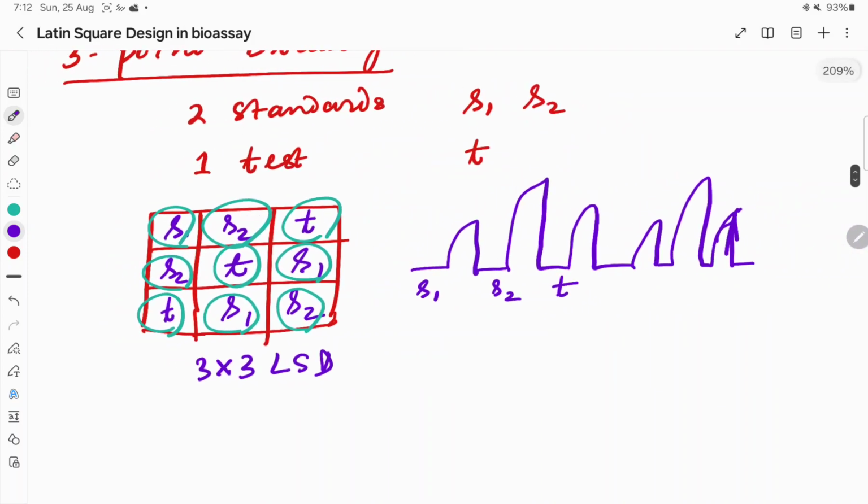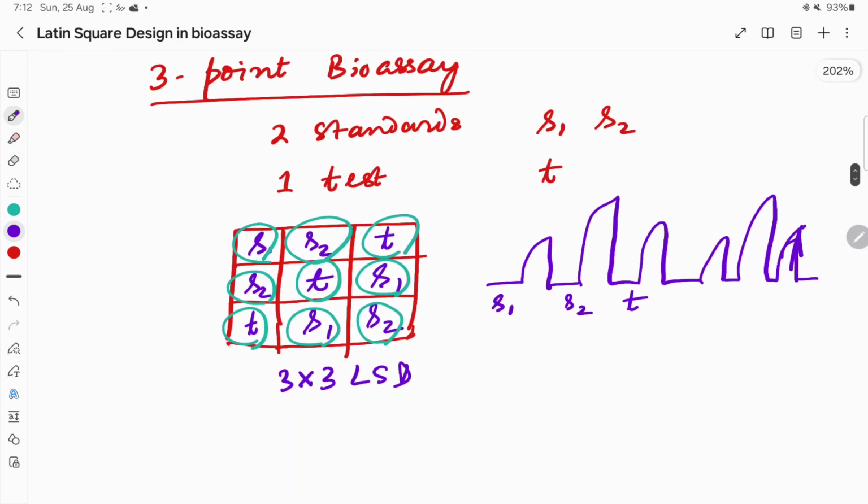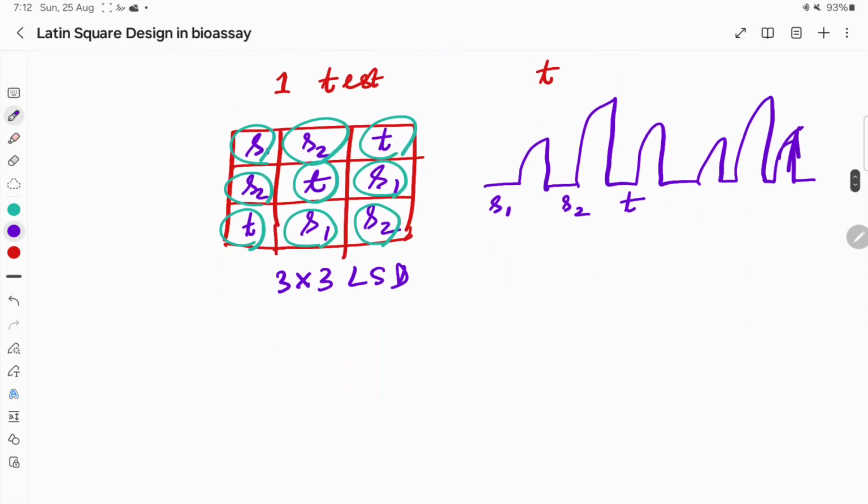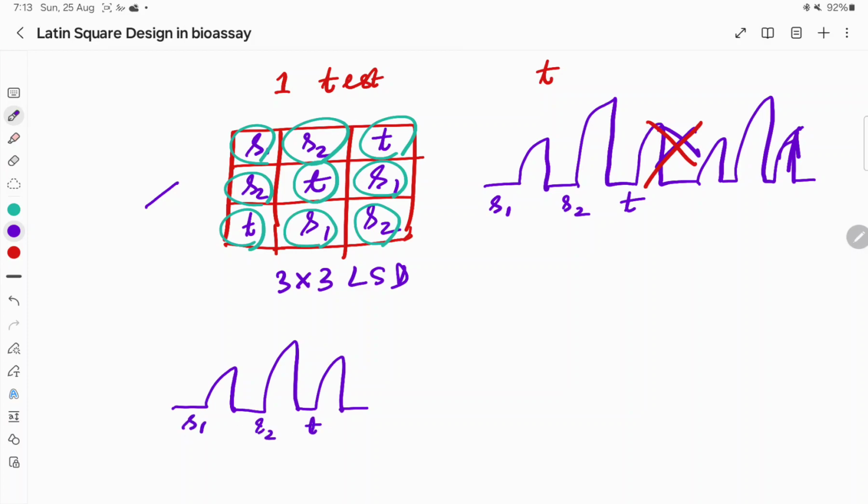But here, to avoid this sequential error, we can use this Latin square, so the previous way is wrong. First, S1, S2, T, completed. Then we will start with S2: S2, T, S1.